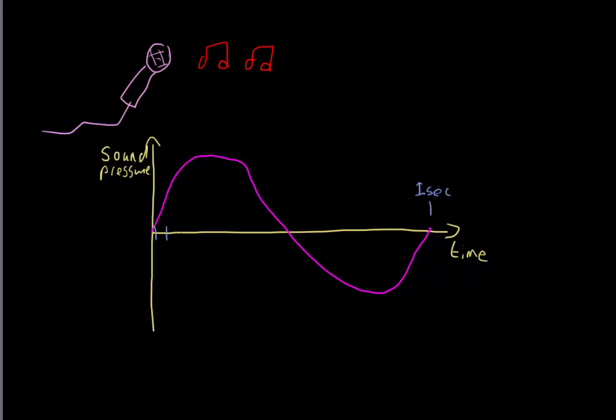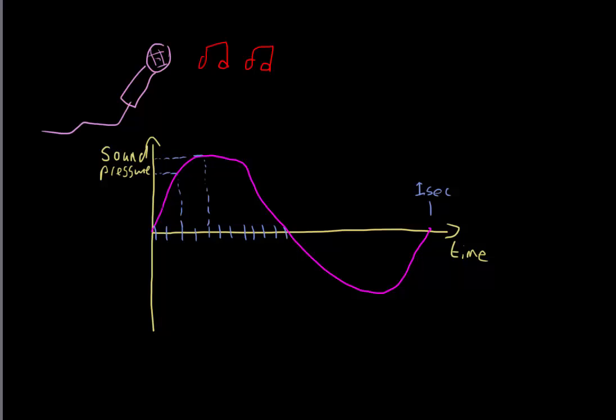We could split this into time divisions, an infinite number if we wanted to. And we could trace up from one of these time divisions, and there will be a valid sound pressure. Trace up from another one, there'll be a valid sound pressure. And we could go down to an infinite number and trace up, and there's always going to be a valid sound pressure. So this is an analog signal.